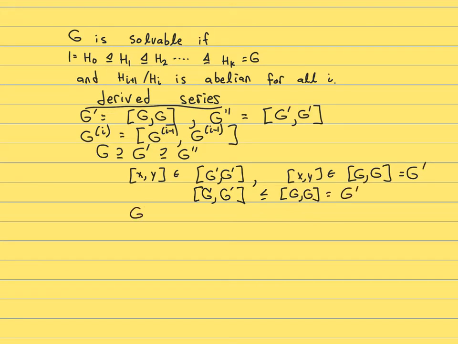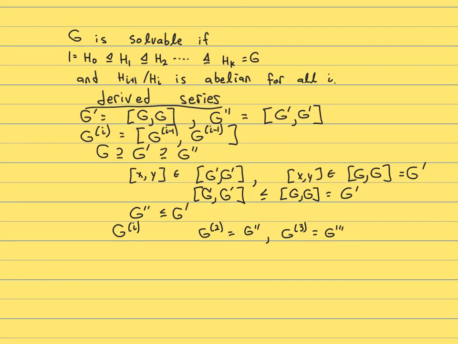Same logic will tell you that the second derived subgroup must be a subgroup of the first one. And in general, we'll start to use this type of superscript parentheses 2 for G double prime, G superscript 3 for G triple prime, and so on.